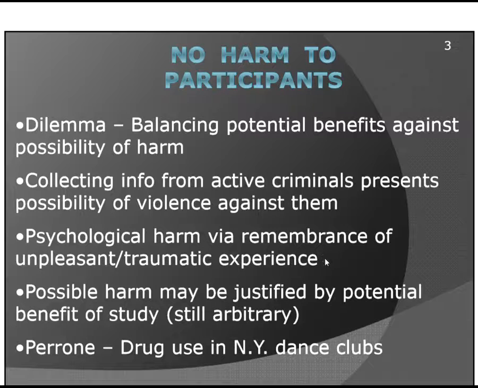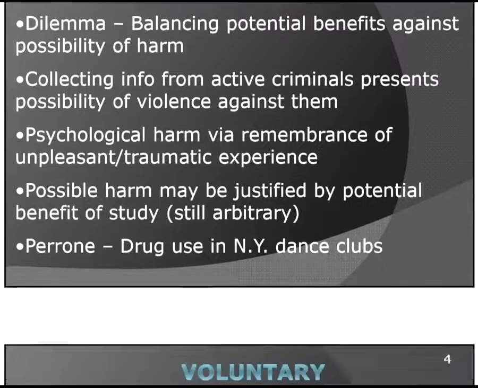Especially with the Stanford Prison Experiment and other things like that. And so one of the key issues is we don't want to harm people. And this has led to a lot of restrictions on new experiments being done nowadays, because it would harm people, especially when it comes to criminology and criminal justice issues.